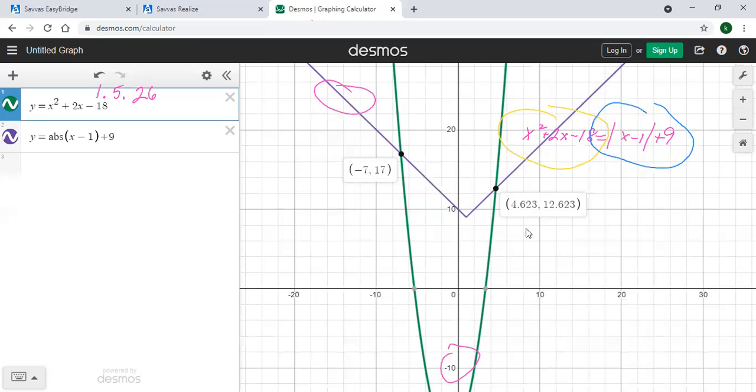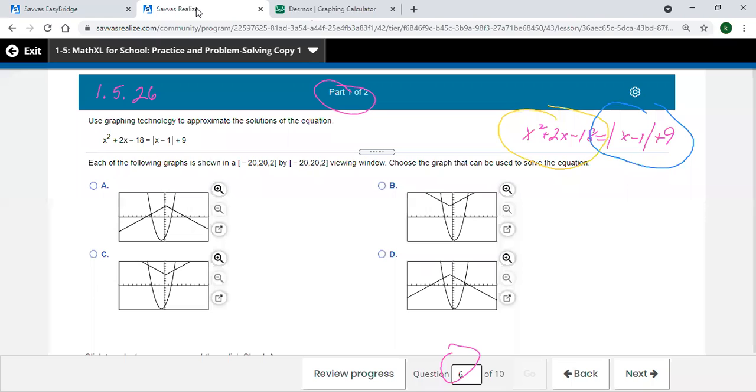We'll put it in and see if it lets us submit that, or if we're going to have to go solve something algebraically to find out what it is exactly. All right, let's switch back to our Savas tab. Oh, whew, lucky. We do not need to find it exactly. We're just supposed to identify which of these 2 graphs.